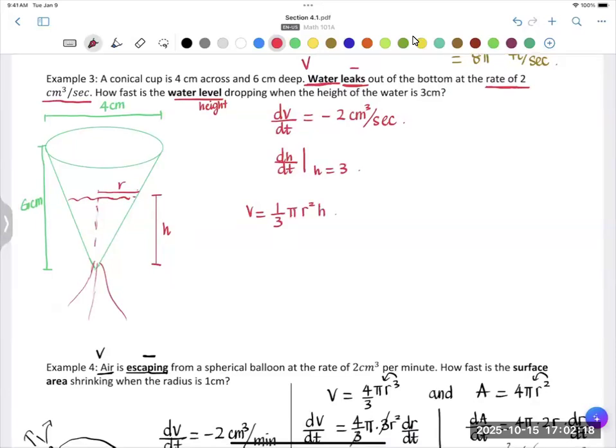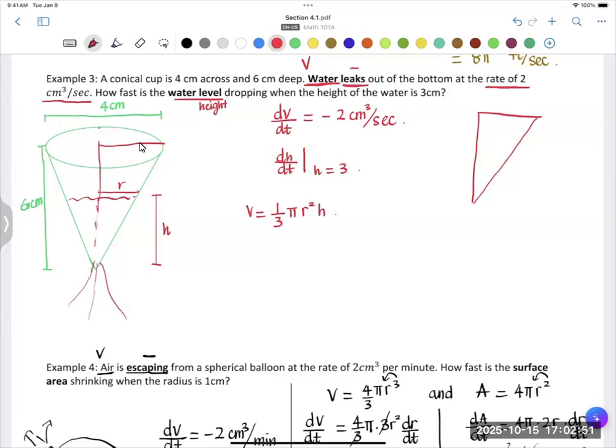And then we also have the radius and the height changing. So we can write a formula that relates the radius and the height. We can use the fact that this can be divided up into a right triangle if I draw it like this. This is the diameter of the top of the cup, right?